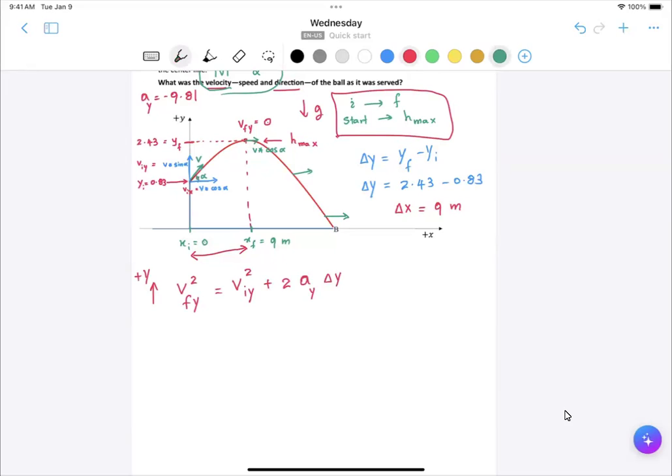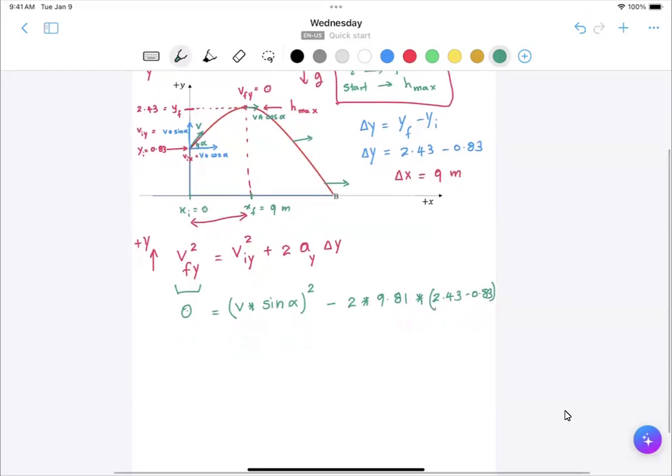At the maximum height, we all know that this final velocity is 0. My initial y velocity is v times sine of the alpha, squared, and I do have negative 9.81, 2 times 9.81 multiplied by the delta y, that is equal to 2.43 minus 0.83. There we go.